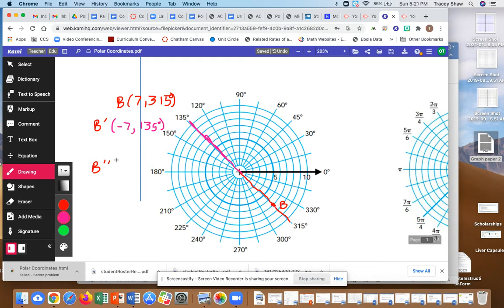Now, another thing I could do to get a coterminal angle, or a point that lands in the same location, I could just add 360 degrees.